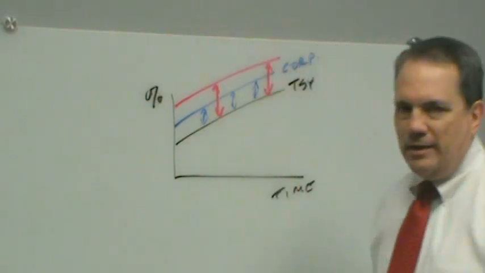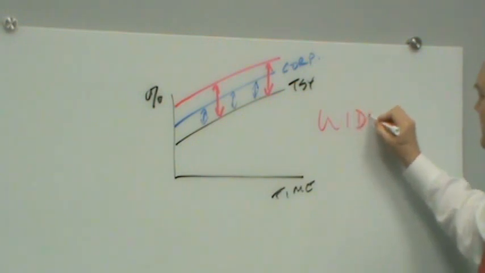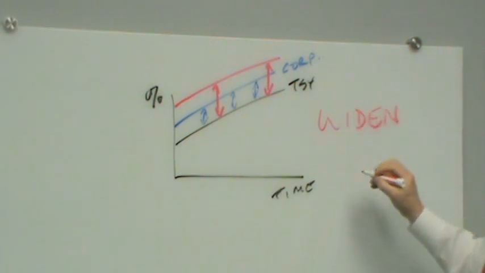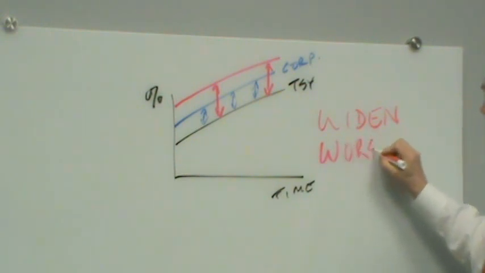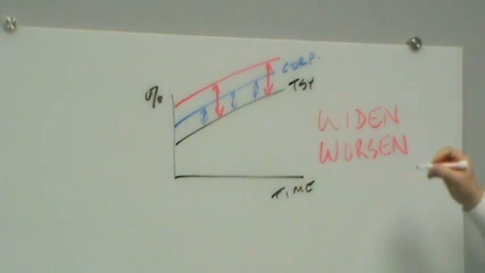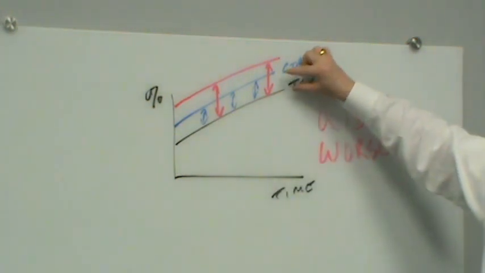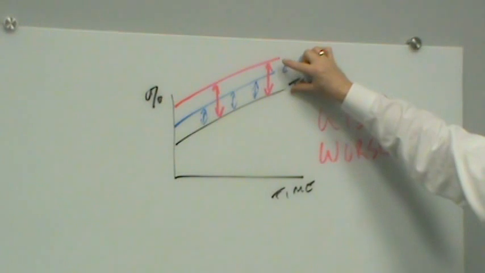Why did it do that? Well, it's going to widen if people expect the economy to worsen. It'll widen if we expect the economy to worsen. The reason for that is that if we expect a poor economy, then there's going to be more risk in the corporates.